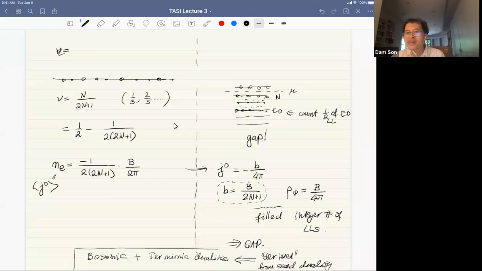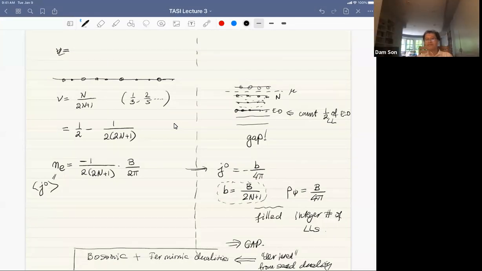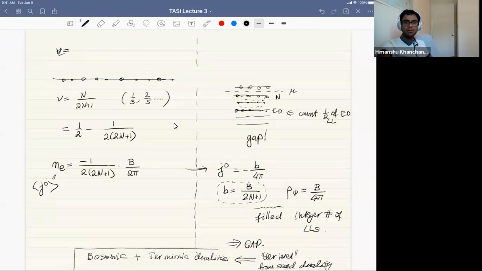The upper states here are empty. In order to excite anything, you have to move a psi particle from one Landau level and put it on the higher Landau level. That costs energy. You can see also this energy should go down with this capital N, and experimentally that is also observed.